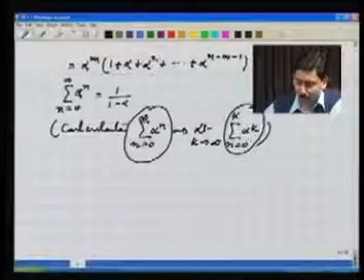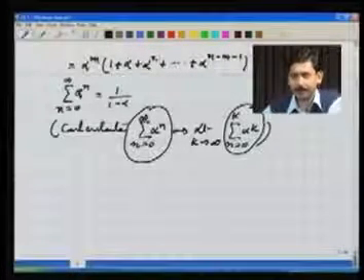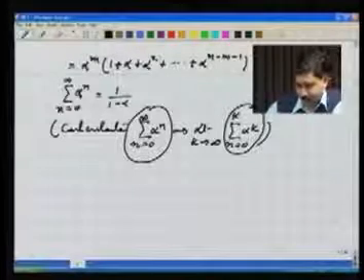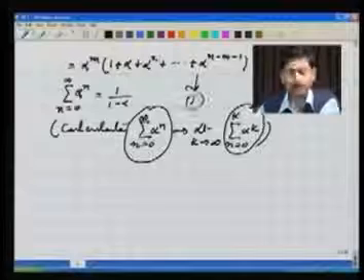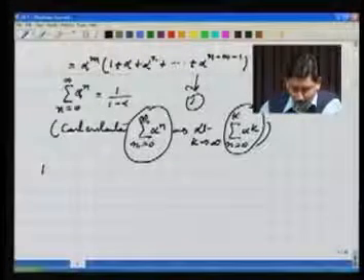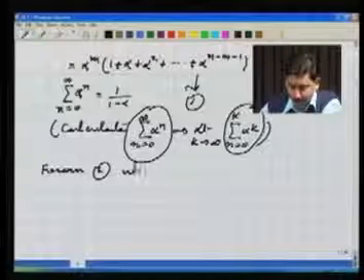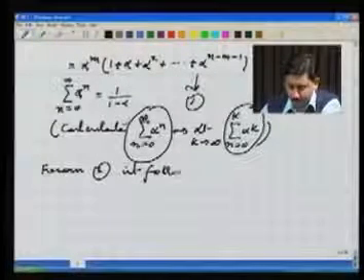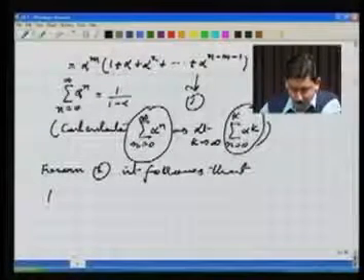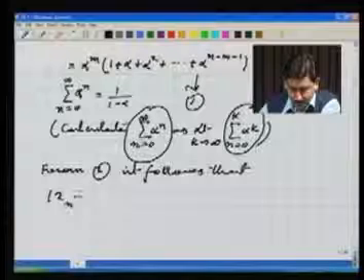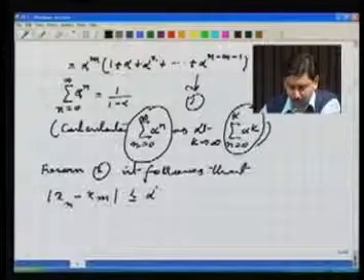So if I call this star, well, let me give it a different name. Let me call this 1. Then from 1 it follows that modulus of xn minus xm is less than or equal to alpha to the power m.